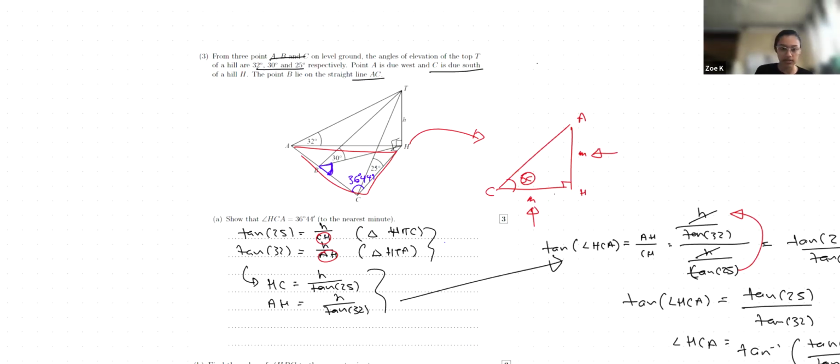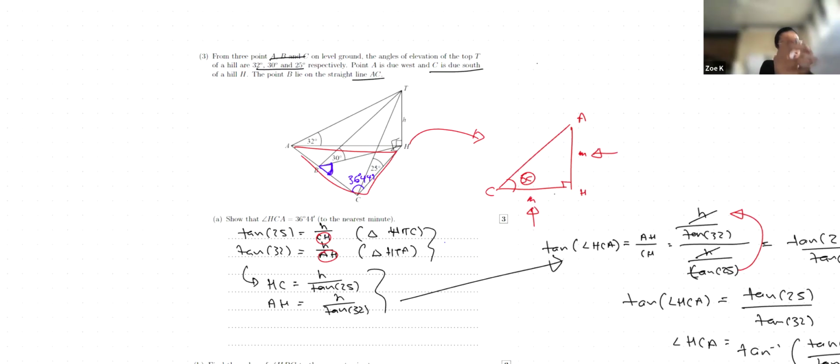And then we know CH is H over tan 25. Yep. So HC equals, one second, it's not right. HC equals H over tan 25.